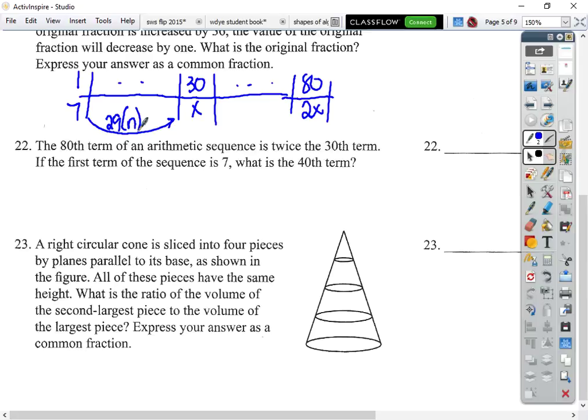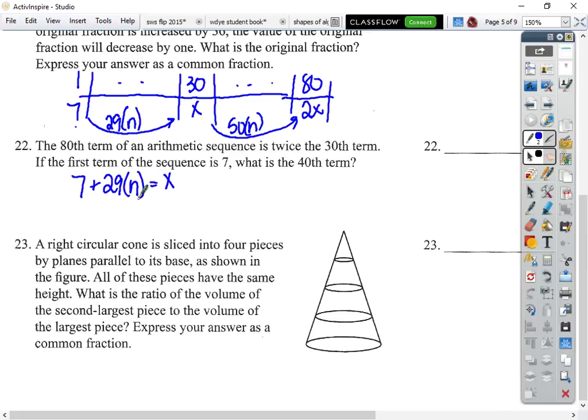And same idea going from 30 to 80. We have some number n that we're adding 50 times. We're adding up that n 50 times to get from 30 to 80. Well, it looks like we're going to have to do a systems of equations to figure this out. Because to get to our 30th term, to get to x, we know that we have 7 plus 29 of those n jumps to get to 30, our x.